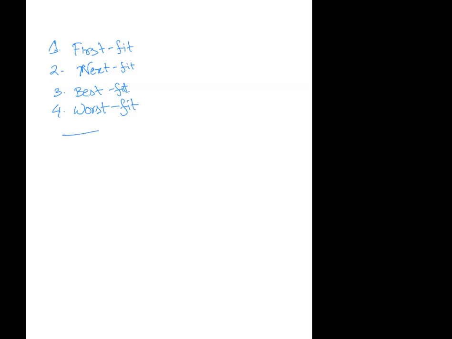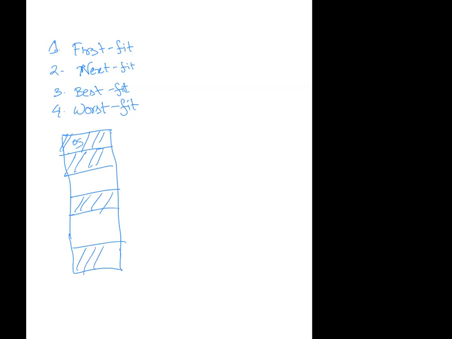And let's see how it works. Let's say this is your RAM. You know that the OS is also a process. The OS is there, and then here is also a process, and this is a free space, and here is also one process, and here is also one process.